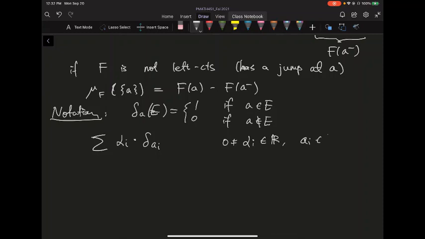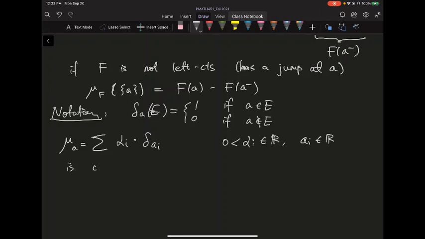And the a_i are also inside R. This gives us a measure that concentrates on each of these a_i with some weight alpha_i. Let's say alpha_i is greater than 0 actually, so that we make it a positive measure. Let's give it a name: let's call it mu_A.